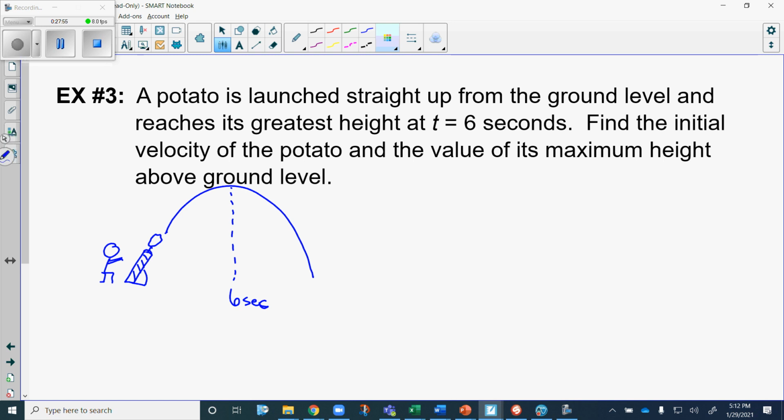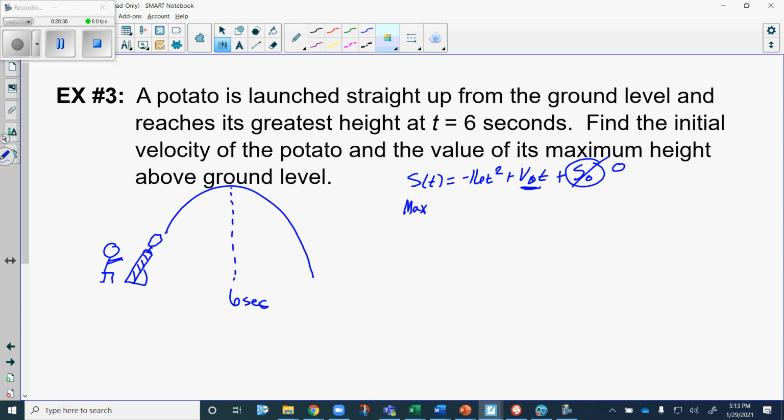If you just say s of t is equal to negative 16t squared plus the initial velocity times time plus the initial height, if they give you the height that it got to, you can put your max height here and take the time that it took to get there and solve for the initial velocity, because in this case, the initial position is 0 because you're shooting it from the ground.